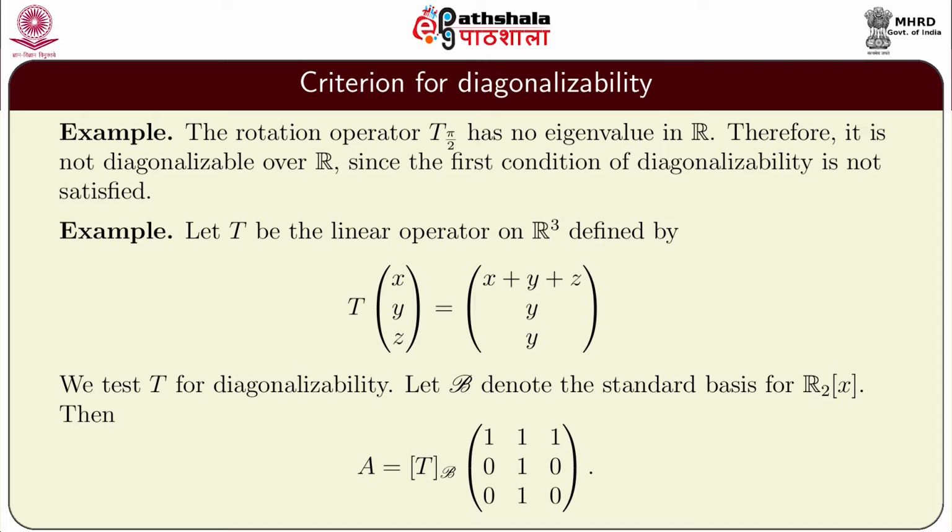And how to compute nullity? Nullity is n minus the rank.